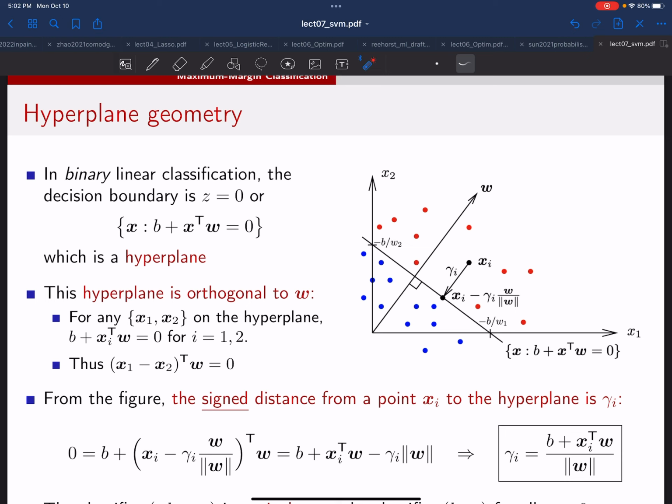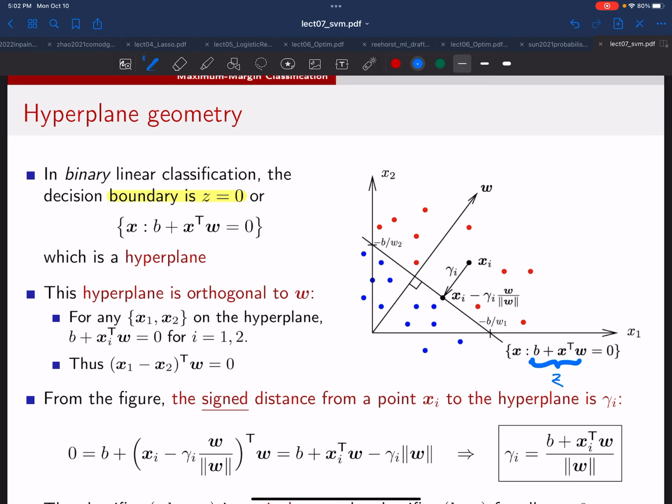Here, b and w are weights that we've fixed through training, and this boundary has this particular equation. Another way we can think about the decision boundary is that the value of z is 0 there.